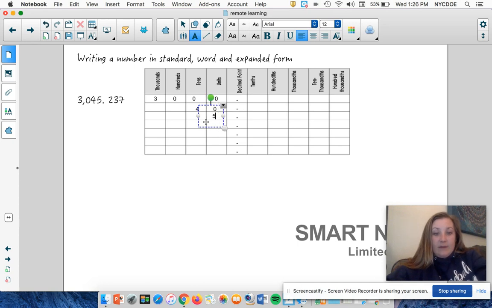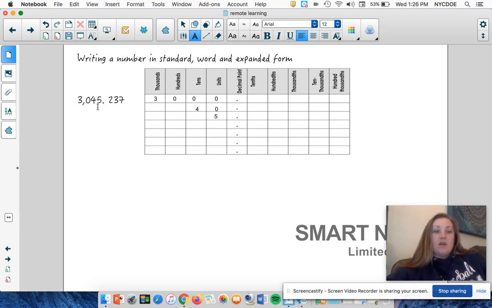Again, units represents ones. I now broke up my whole numbers into my place value chart so I can see how it's broken up. Because 3,045 together says that, but broken up, each digit has a value that's represented by its place value system.